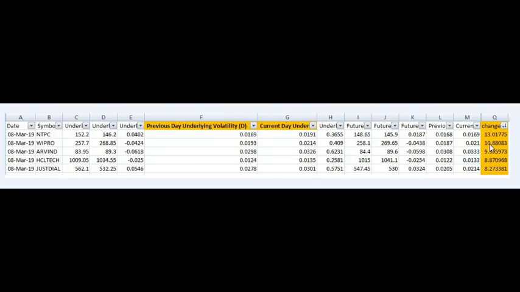You just have to check the percentage change compared to yesterday's value, and then sort it based on this ratio. Whatever stocks have gained significant strength in volatility will come on the gainers list, and whatever stocks have lost significantly with respect to yesterday's volatility will come on the losers list.